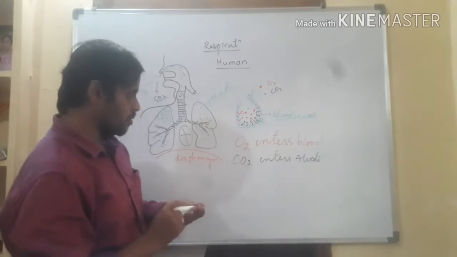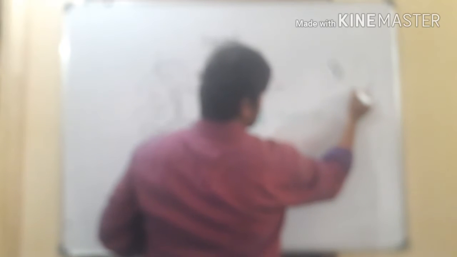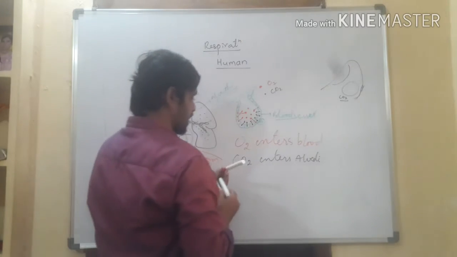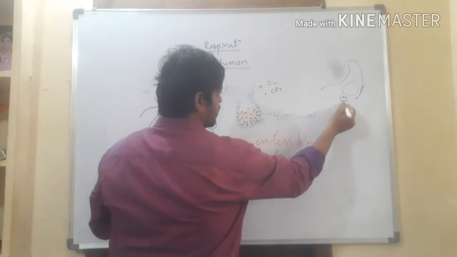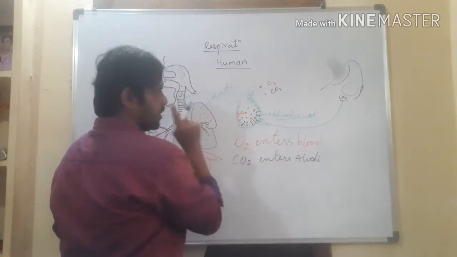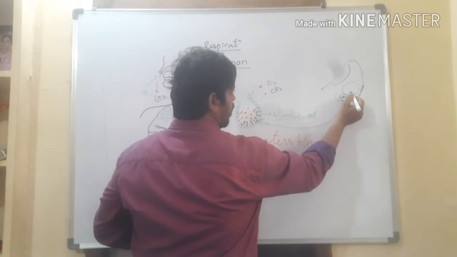Look here, it is my thumb, and here is my thumb cell. My thumb cell produced carbon dioxide. This carbon dioxide is carried by the blood vessel to the alveoli. It means carbon dioxide came from a body organ.